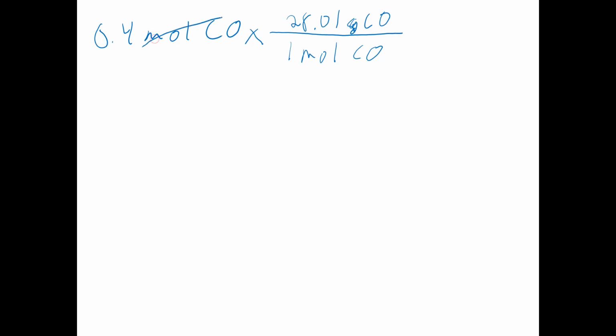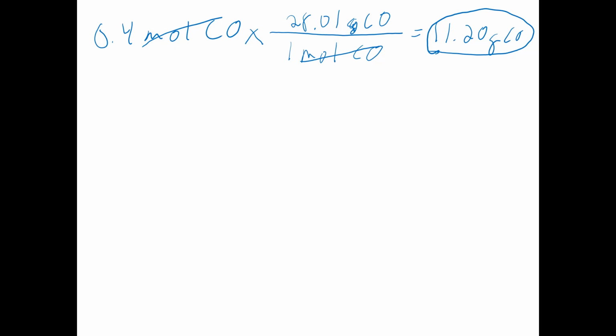So moles cancels with moles on the bottom, and we're left with grams of carbon monoxide. So if you put into your calculator 0.4 moles of carbon monoxide, or 0.4 times 28.01, you should come up with 11.20 grams of carbon monoxide.